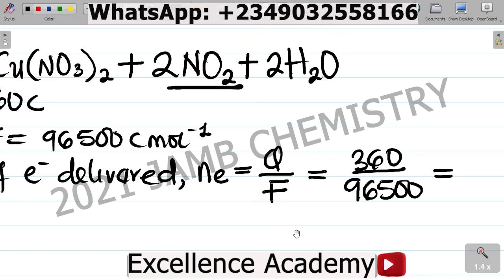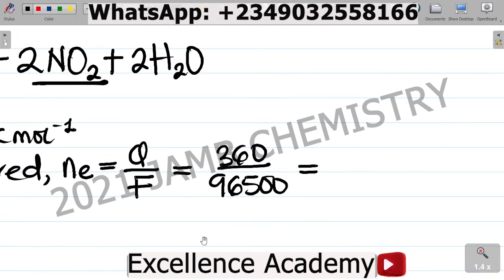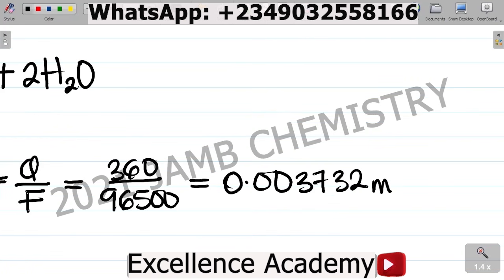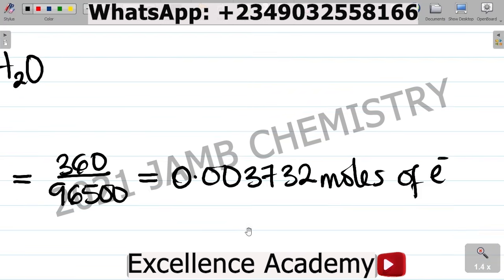If I punch 360 divided by 96,500 on my calculator, it gives me 0.003732. So this is the number of moles of electrons. All right, so far so good. I've gotten the number of moles of electrons delivered.